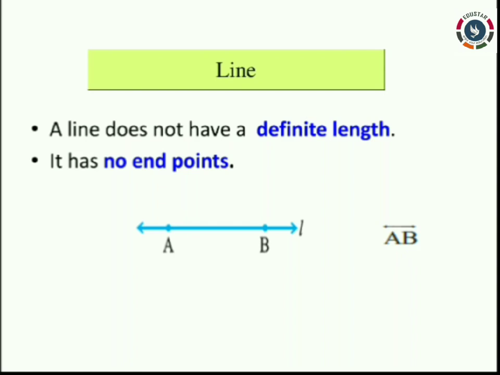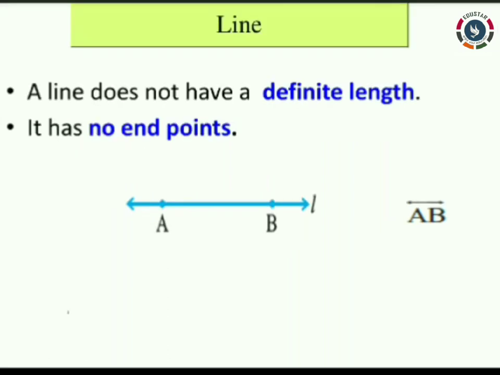For line segment AB, you draw one horizontal line, right? For representing a line, you have to draw one horizontal line and at the two ends you have to draw arrow marks. That arrow mark represents that you can't measure the length of the line and the line does not have any starting point or any ending point.